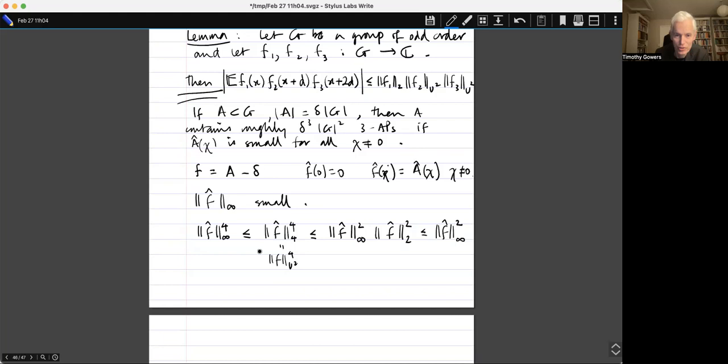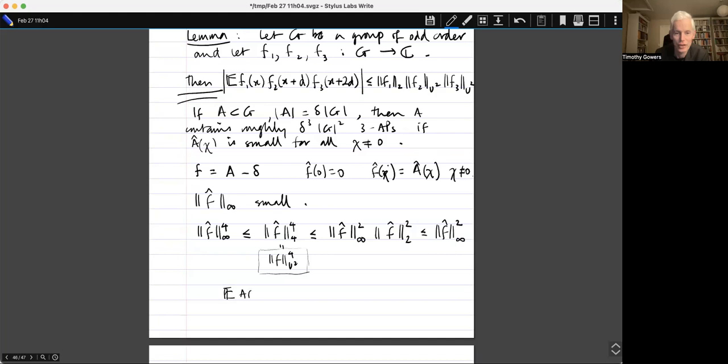But the advantage of this statement is, if the fourth power of the U2 norm is small, then we get that the average of AX plus D, AX plus 2D is approximately delta cubed.